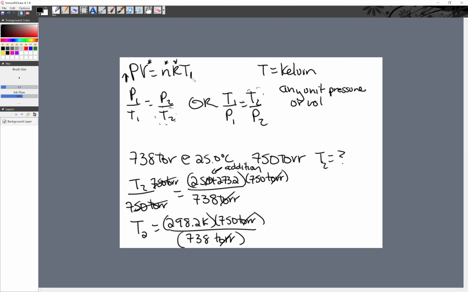They are directly related, so I'm expecting it to increase. So I do my math, and I get 303. So yes, it increased from 298.2 to 303. And that is the Gay-Lussac law. That's pressure and temperature.